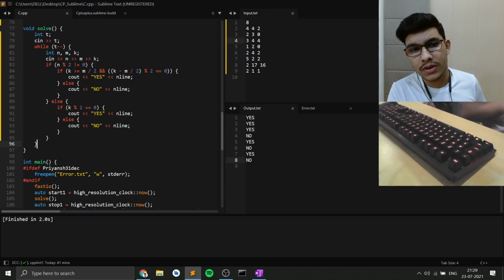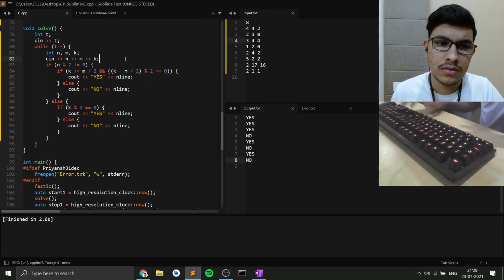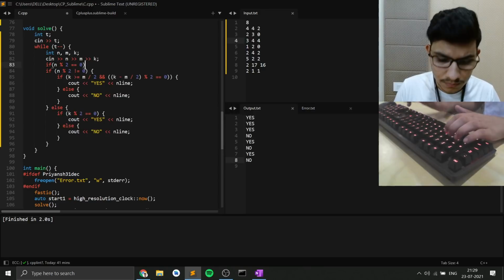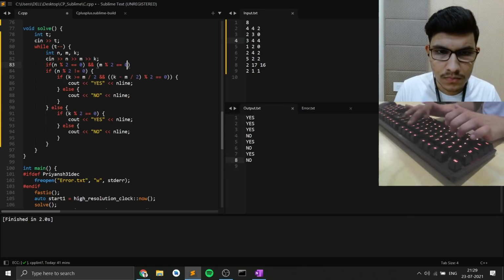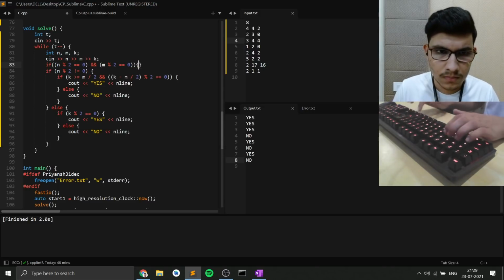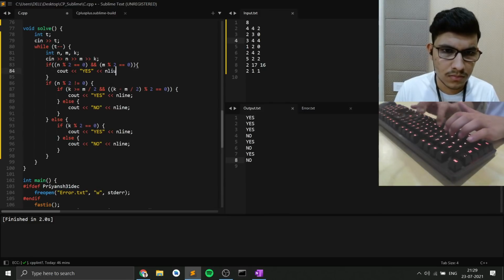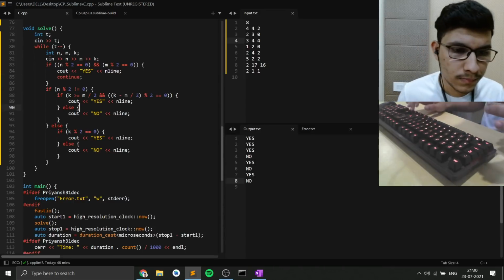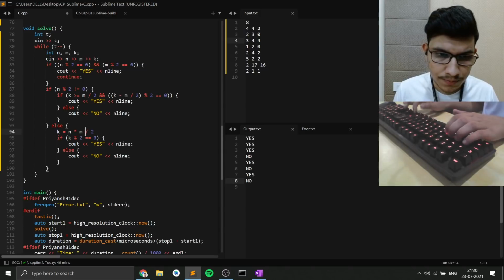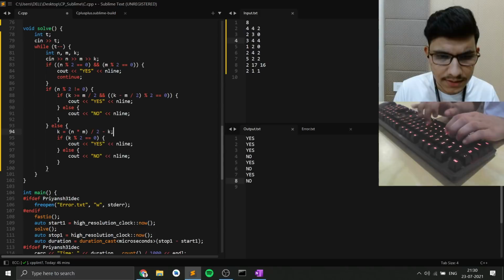I think if both n and m are even, then anything works. Right, if n modulo 2 equals 2. So here k equals n into m divided by 2 minus k. So I am doing the exact same thing here.